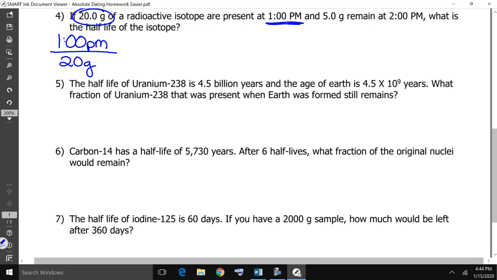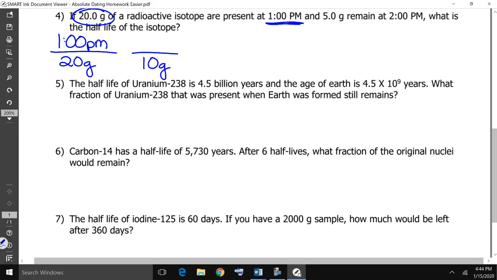Okay? It wants to know what is the half-life? So we don't really know this top part, but we can fill in as we go. So, leaving the top blank, half of 20 is 10.